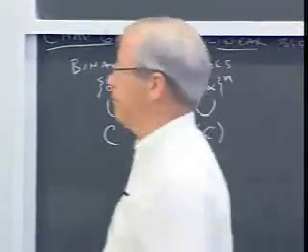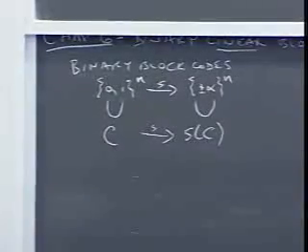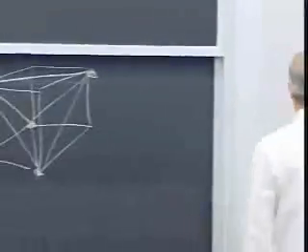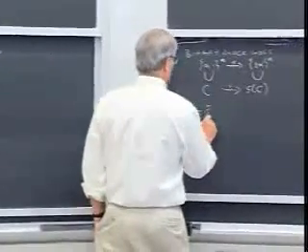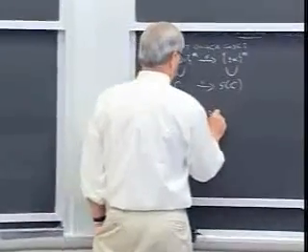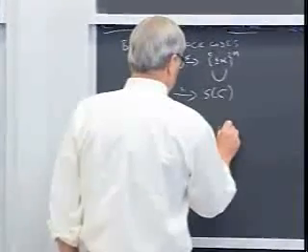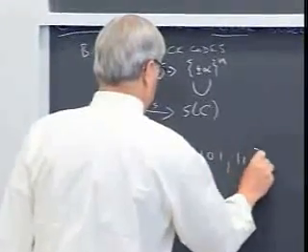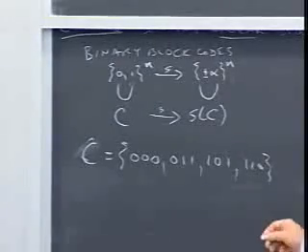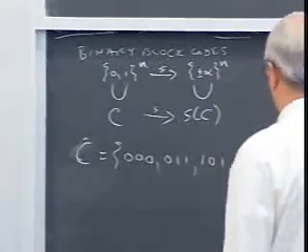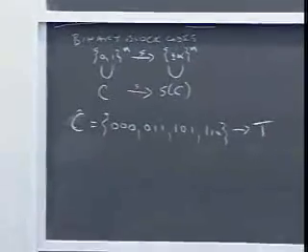Okay, and again, our favorite example is the tetrahedron. For instance, if we take the code as being 0, 0, 0, 0, 1, 1, 1, 0, 1, 1, 1, 0, those 4 binary 3-tuples, this maps into T, the tetrahedron.